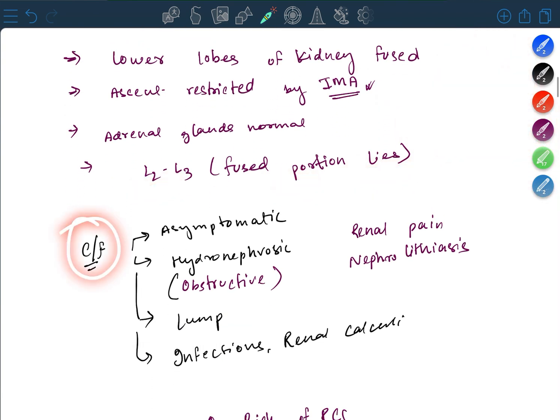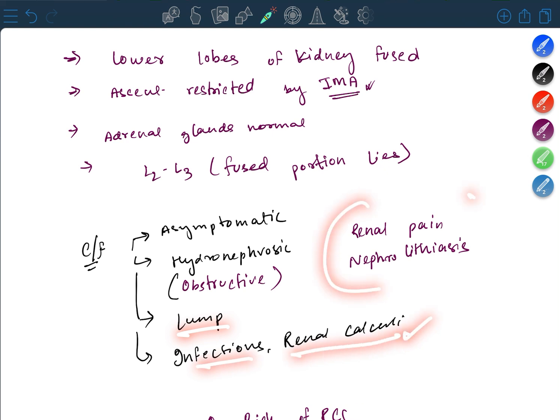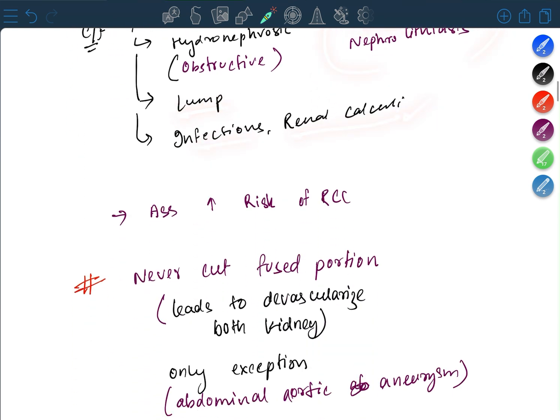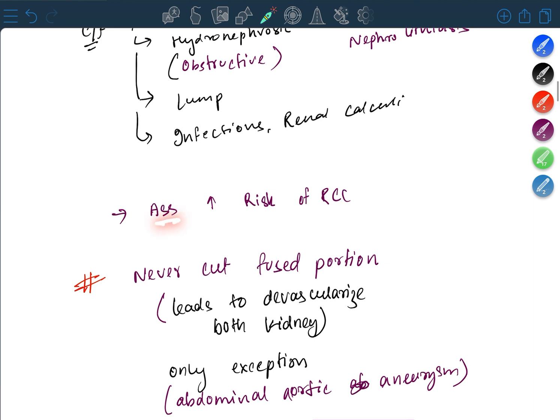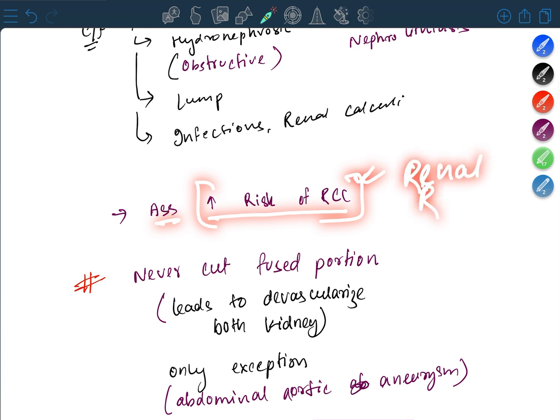Now see, most of the time they're asymptomatic, but the main thing is hydronephrosis in case of obstructions, infections, renal calculi, renal stones, renal pain, nephrolithiasis. Okay. Now, associated with increased risk of RCC. Yes, this is important. Renal cell carcinoma. Risk increases.